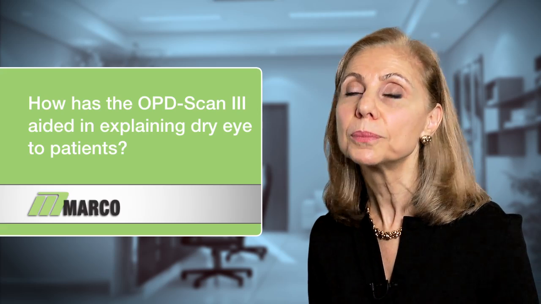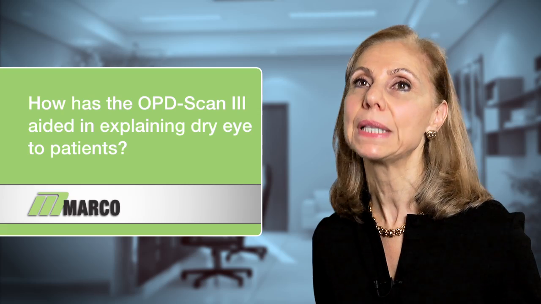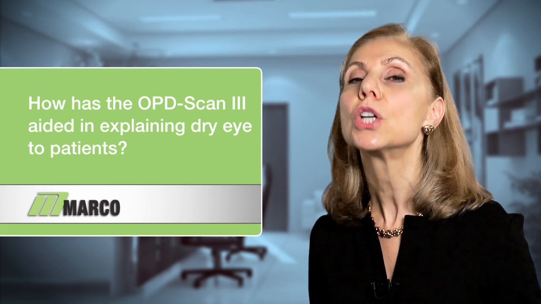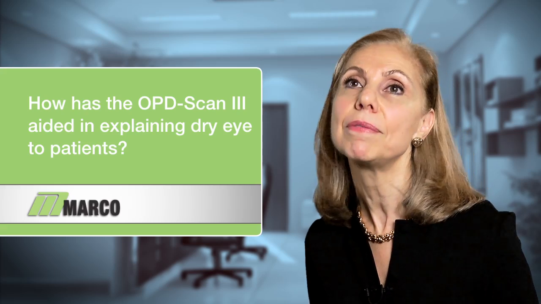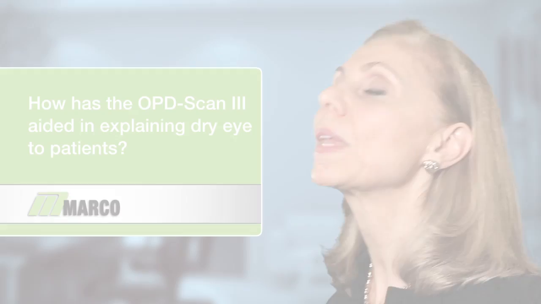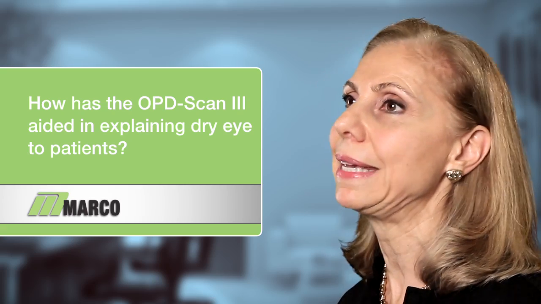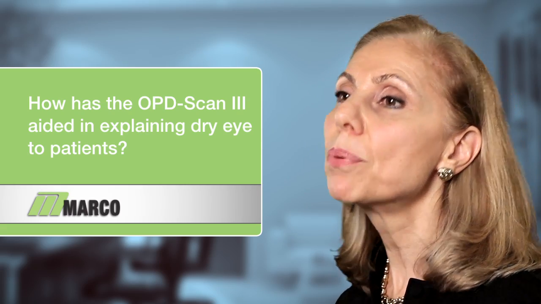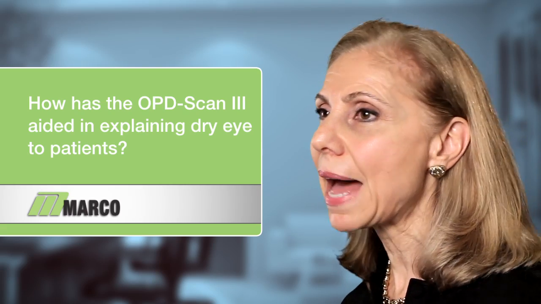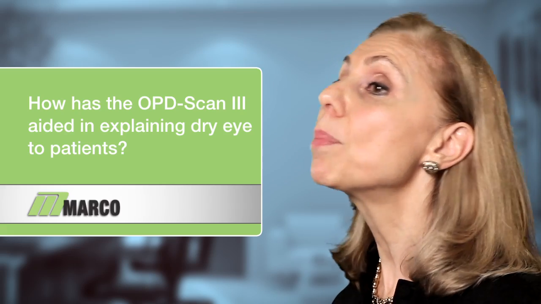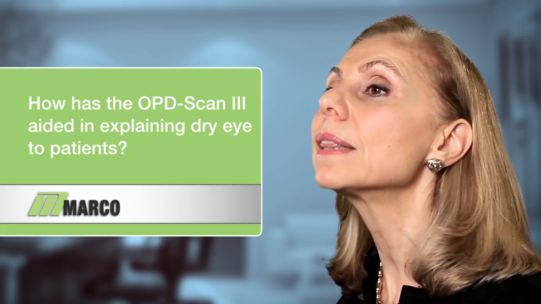So what I do is I use the Placido disc map of the OPD-3 to illustrate to them their level of dry eyes. If the rings are not perfectly round, they're a little wobbly, irregular, broken up with dark black kind of spots on the corneal surface, I point these out to the patient.